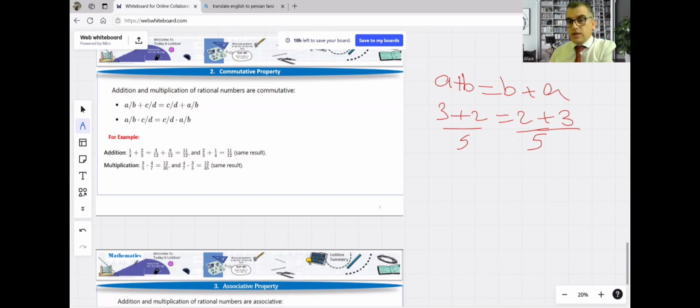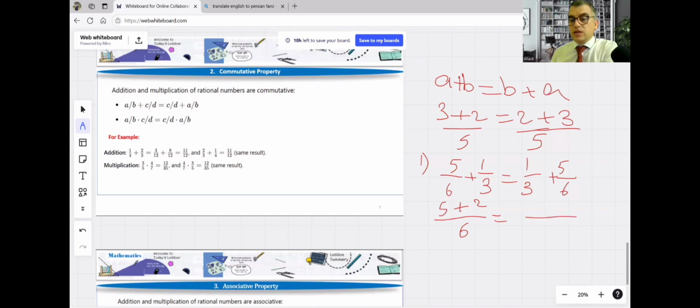For example, we can write 5 by 6 plus 1 by 3 is equal to 1 by 3 plus 5 by 6. See the two sides, the result will be same. On the left side, you can select 6 as a common denominator, then it will be 5 plus 2.